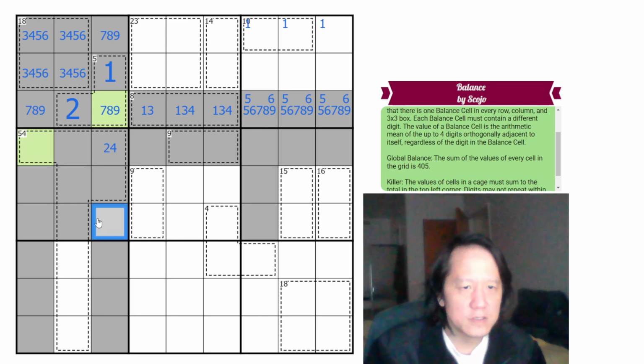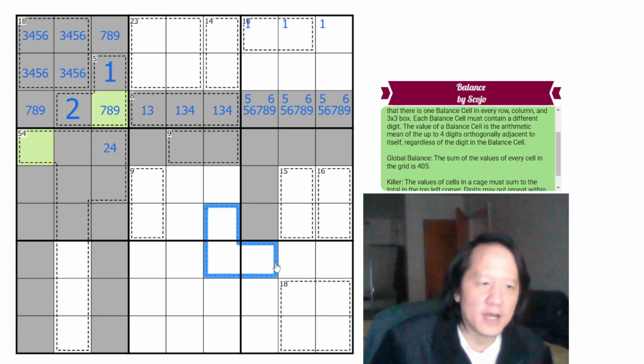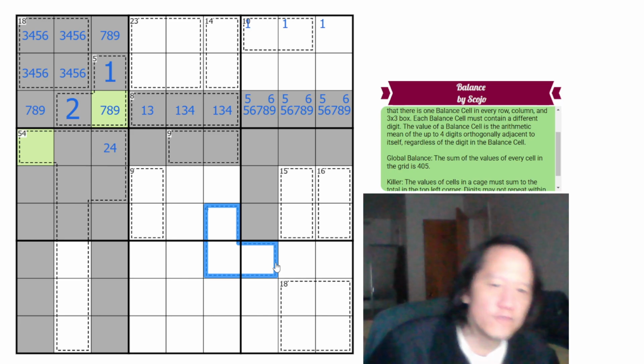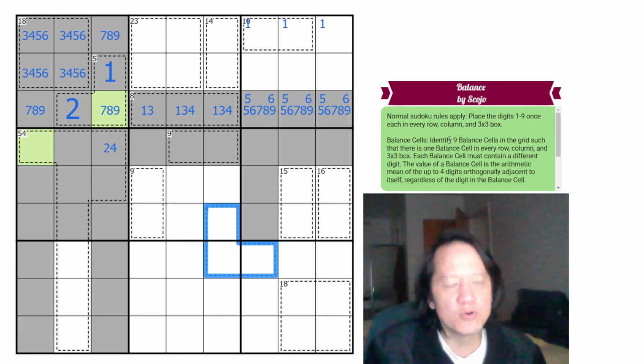Let's see. Right, so the minimum amount you can have for a minimum value of a balanced cell is 1.5 because it's 1 plus 2 plus 1 plus 2 divided by 4. That's in the middle.